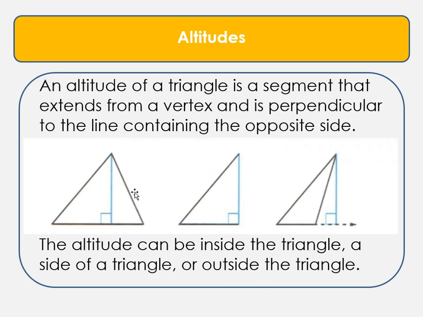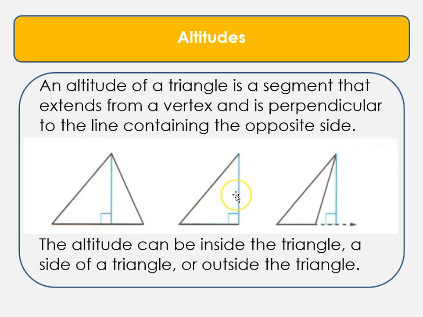Altitudes. The altitude of a triangle is a segment that extends from a vertex and is perpendicular to the line containing the opposite side. So here are three types of basic triangles. You can see in the first triangle, you can just drop the altitude down to the side and create a 90-degree angle.